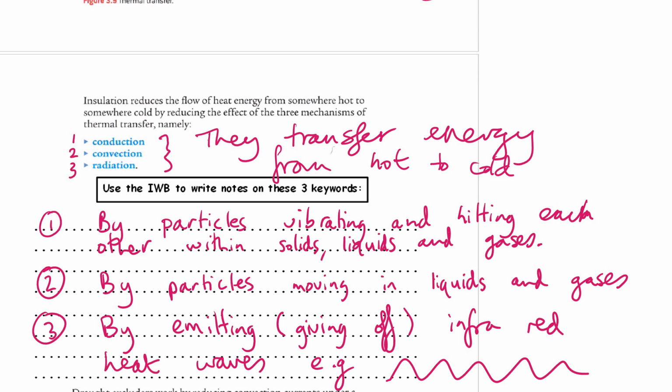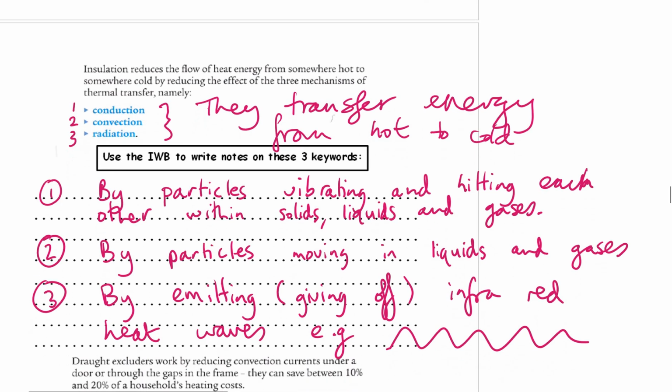Now, heat can move from hot to cold by number 1, conduction, number 2, convection, and number 3, radiation. Please write down these 3 sentences that describe those methods by which heat can move. You should be pausing the video now so that I'm writing this up.